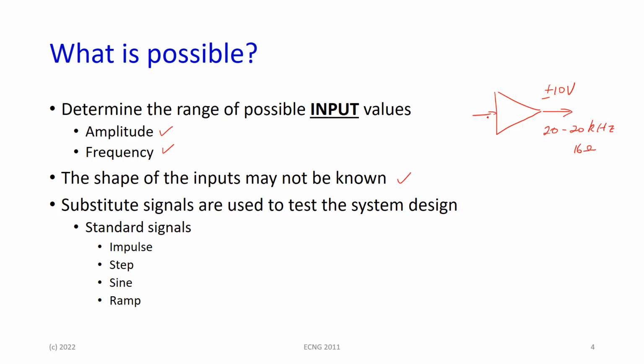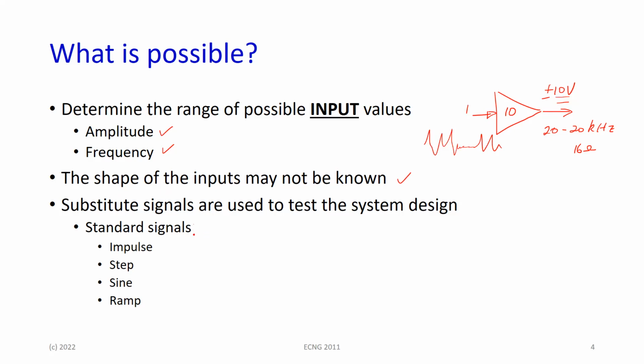Right? What sort of input value are you dealing with? If this is 10 volts, and you know that the gain of this is, let's say, 10, so the maximum input is 1. Right? You know these kinds of things. What you don't know is that an audio signal is all over the place. Right? So you can't really always check it like that.